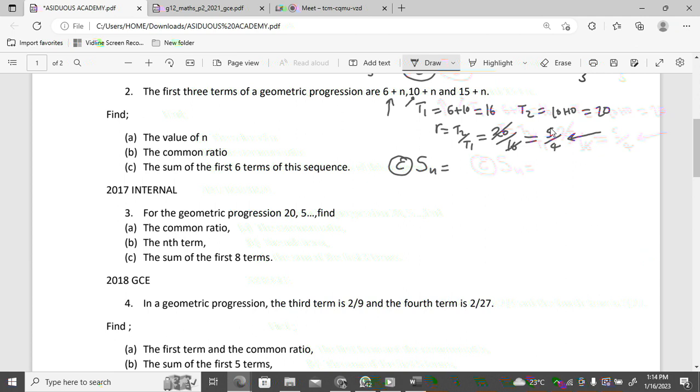So 4 can go into 5 one time with a remainder, meaning that this number is greater than 1.